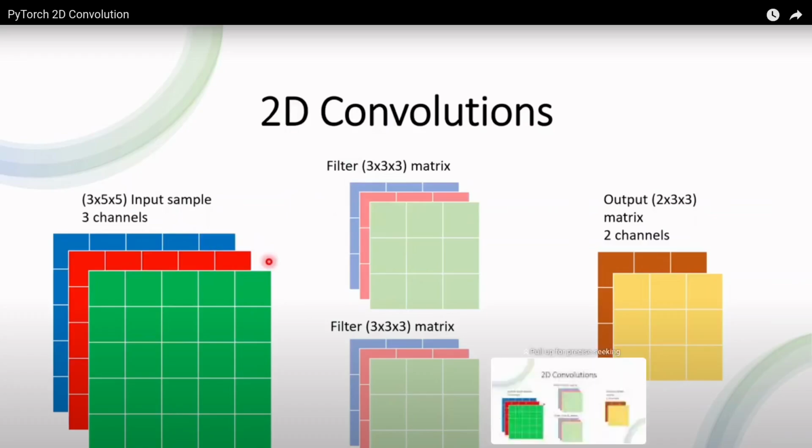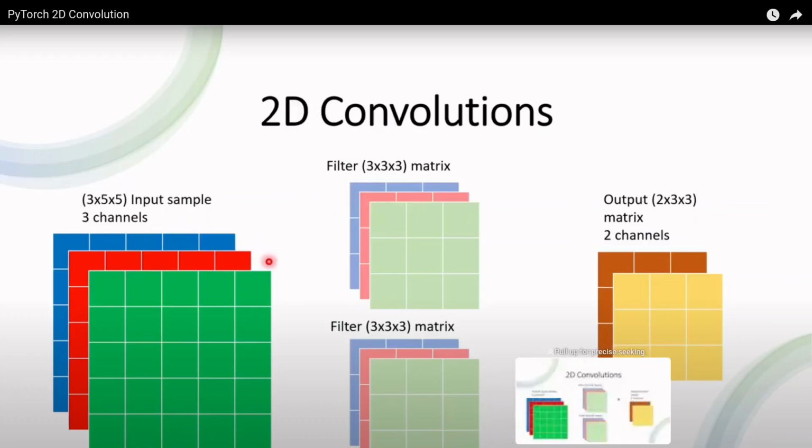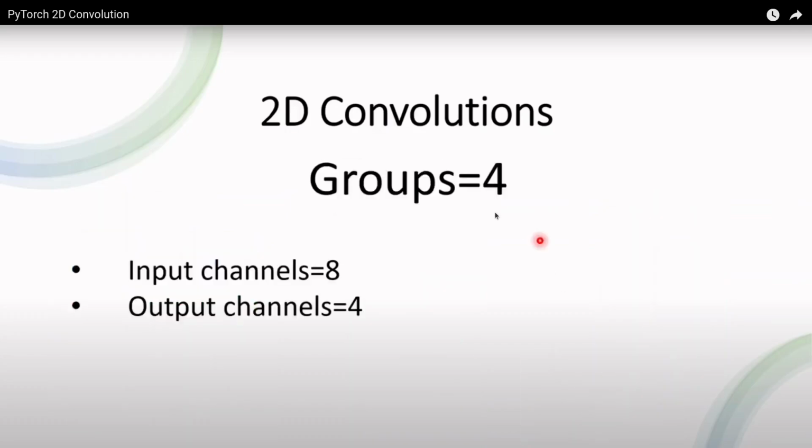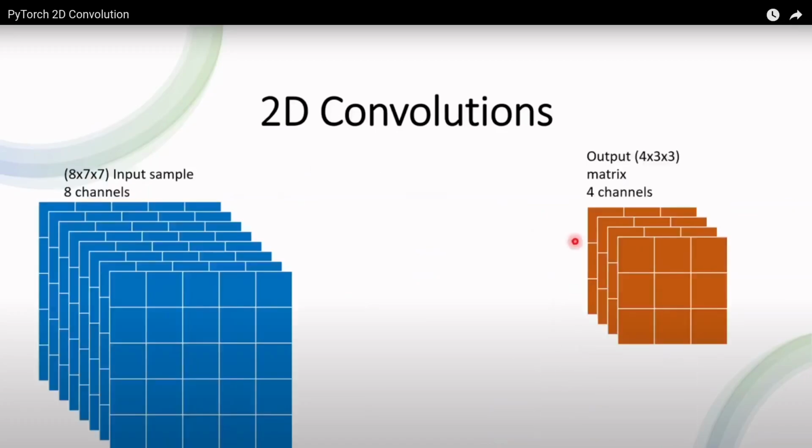So let's actually have a look at a more interesting example. Say we have 8 input channels and 4 output channels. In that case, we have 4 groups, because we're going to have 2, 2, 2, and 2. Let's have a look at that.